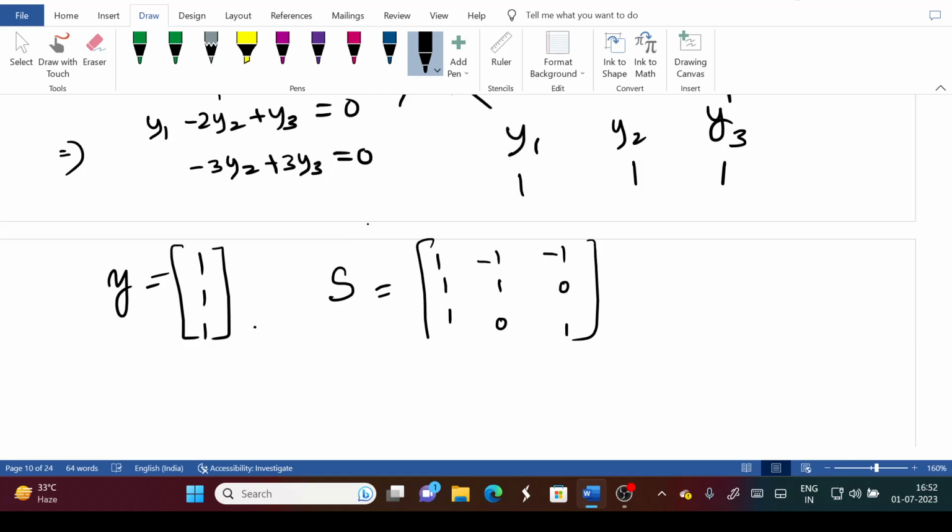This is one matrix. Another is S2, whose first column is (1, 1, 1), and for the others I just interchange the columns: (minus 1, 0, 1) and (minus 1, 1, 0). So I got my S1 and S2, the two different diagonalizing matrices which were asked.